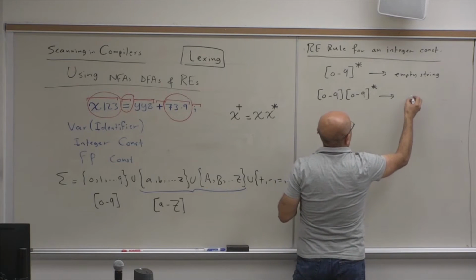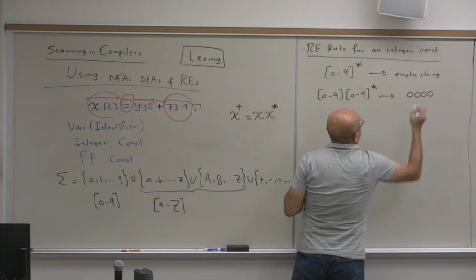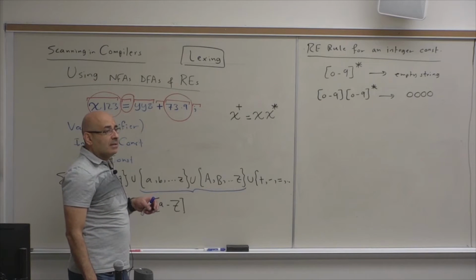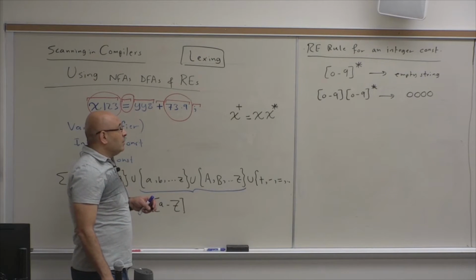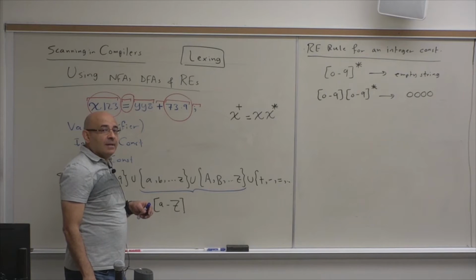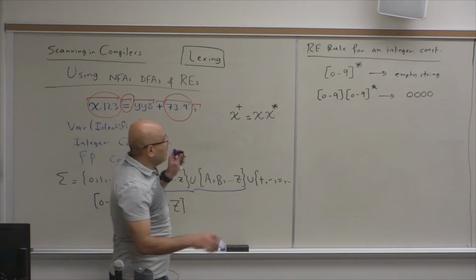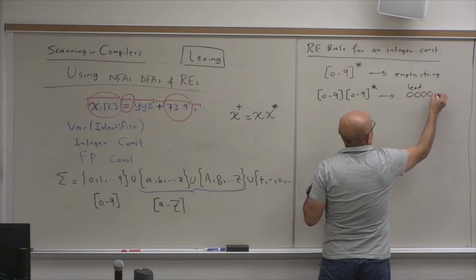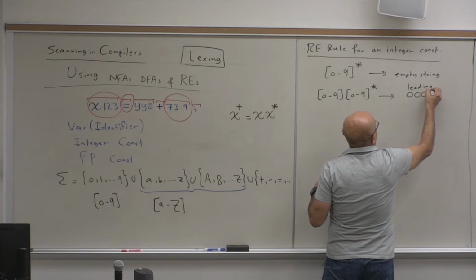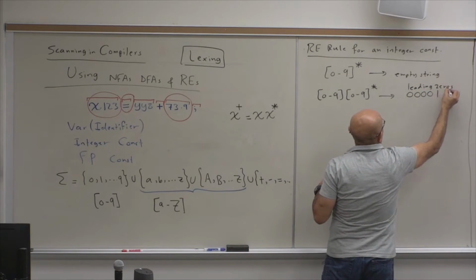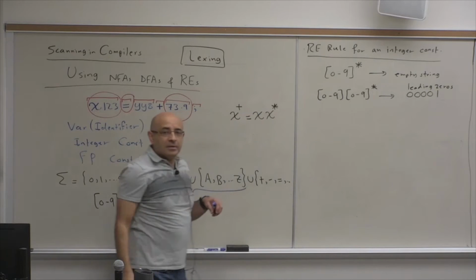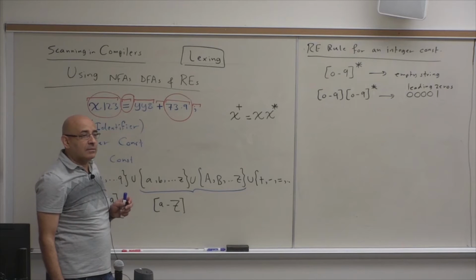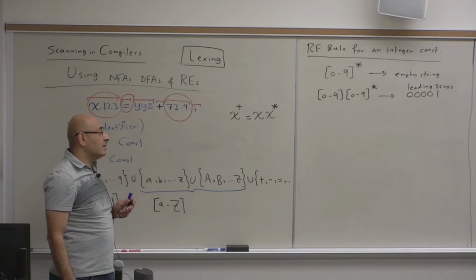Okay. But still, this may generate things that are not desirable, like leading zeros. It will accept something like this. So what if we would like to not allow leading zeros? How can you write the regular expression such that leading zeros are not allowed?